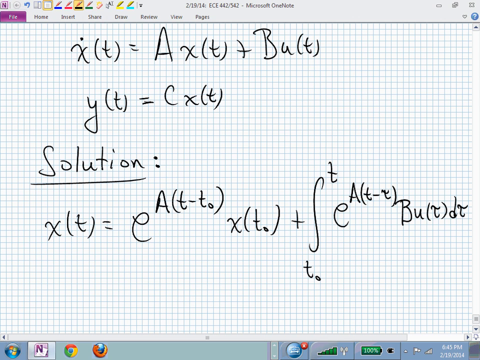B can factor out of that integral. And we're really just going to end up with this matrix exponential integrated. And what happens here? We're just going to have e to the A, and the difference between t and t naught is just one sample period, capital T. So this t minus t naught is going to be e to the A capital T, where capital T is a scalar.